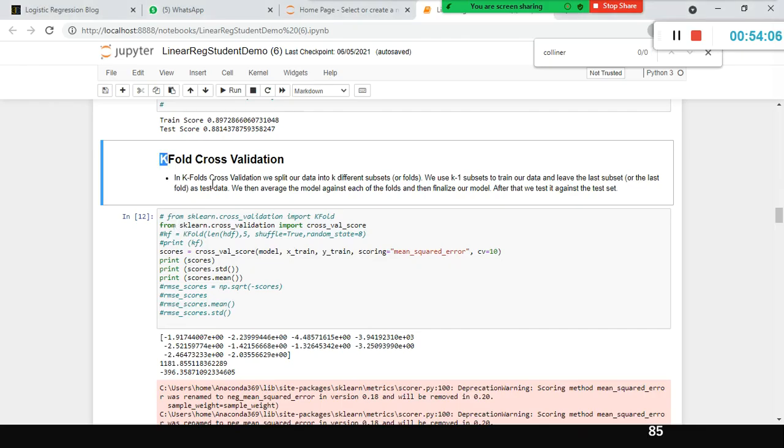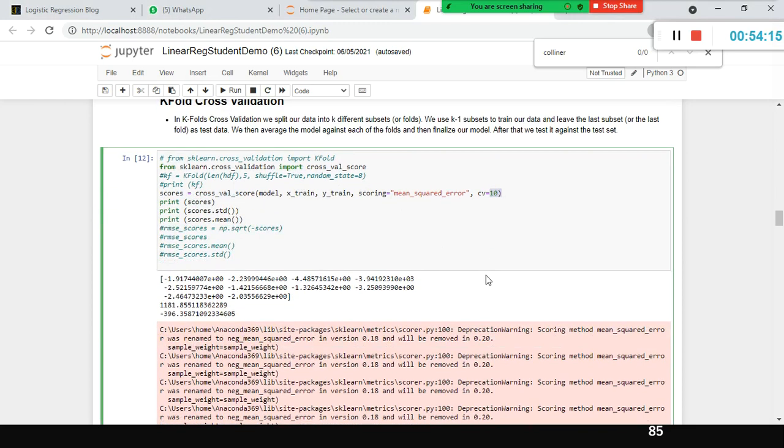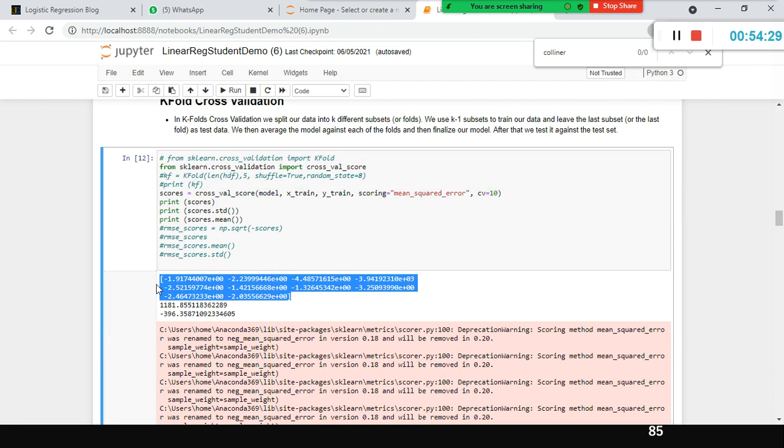So in the case of k-fold cross validation, we specified to do cross validation 10 times. That means create 10 folds and run this model in 10 iterations. Each fold will have different training and test sets. Look here, I stored the value of this to scores. Since I mentioned 10, it computed the scores for 10 folds: first fold, second, third, fourth, up to tenth.